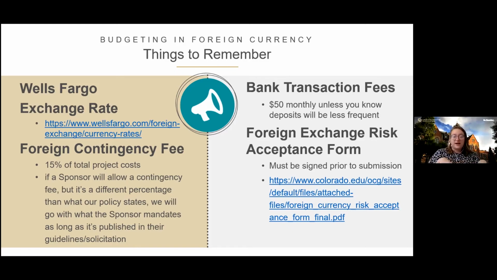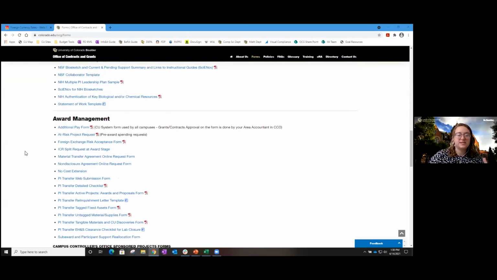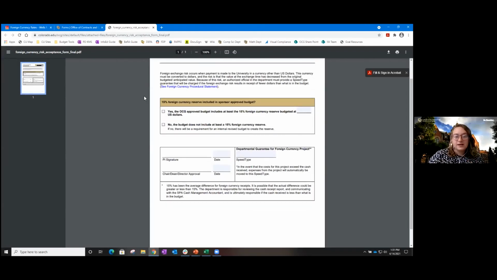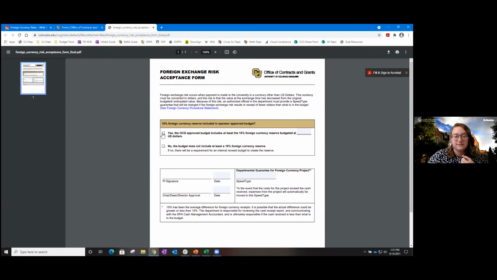This form is found on OCG's website. So if you click into this link, we'll show you what the actual form looks like. Perfect. So yeah, if you go to OCG's website, the forms page, and come down to award management, that's where our foreign exchange risk acceptance form lives. So you're just going to say, yes, no, there has been a contingency budgeted.